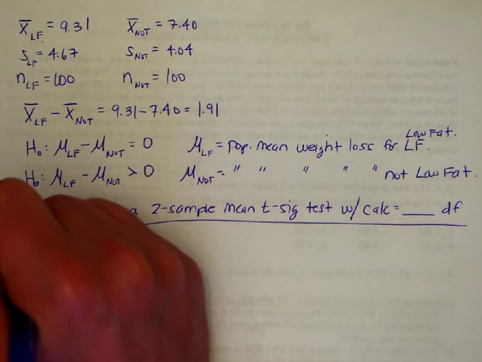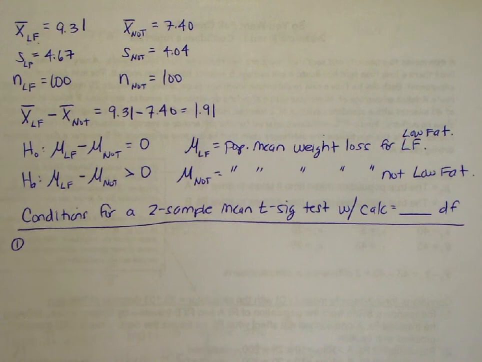Okay, now number 1, you've probably done this more times than you really would have liked. Now we start thinking, okay, is this a simple random sample? Well, guys, this is an experiment. So there was no sample. These 100 people, I don't know, I'm not going back to the problem, but maybe they were volunteers. We don't know where they came from.